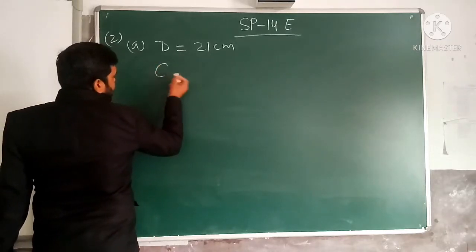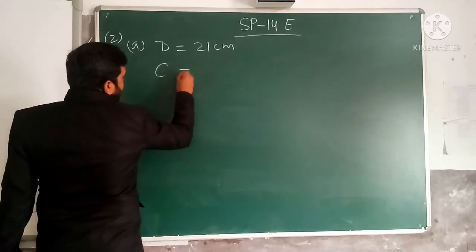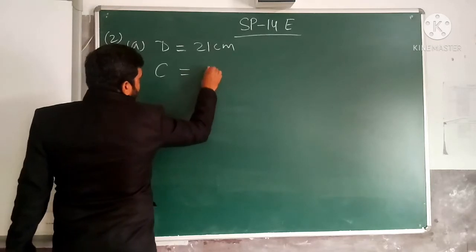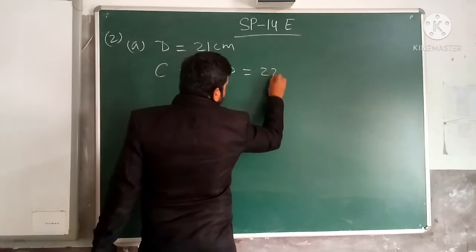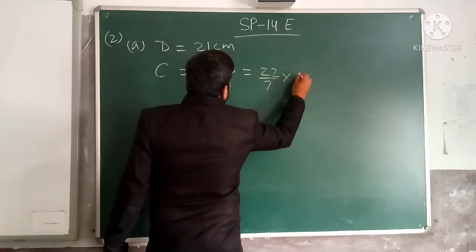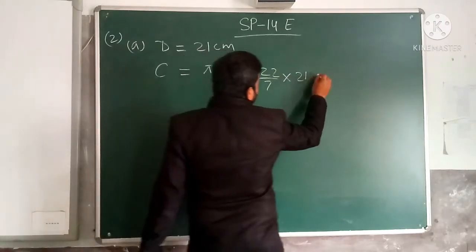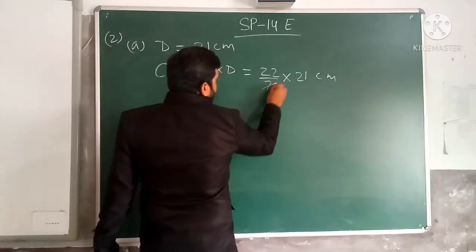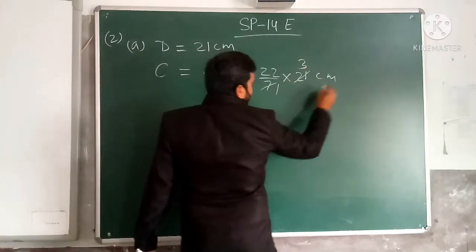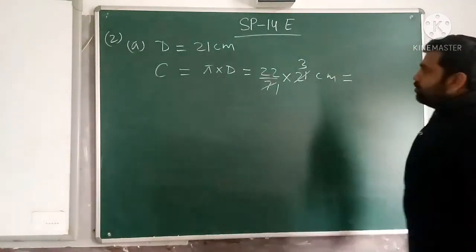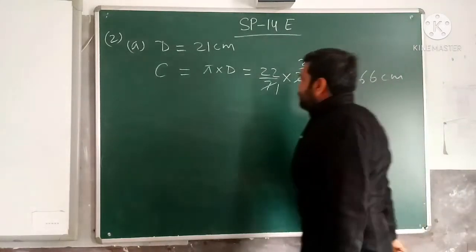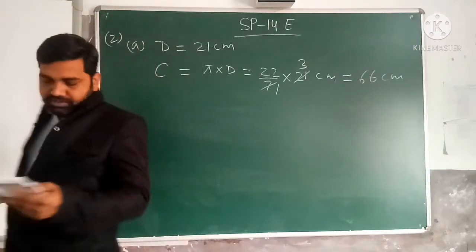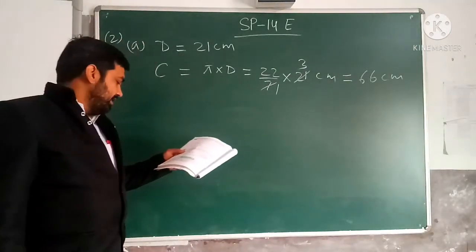Circumference C equals pi into d, and the value of pi here is 22 by 7. The diameter is given as 21 centimeter. So 7 into 21 cancels, and when you multiply 22 by 3, you get 66 centimeter. The circumference we got for second A is 66 centimeter.